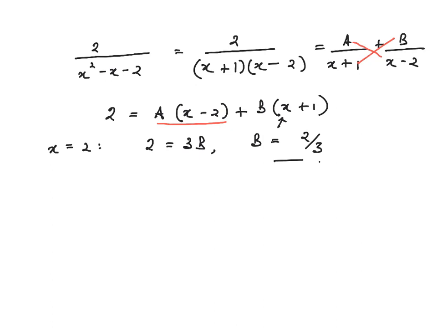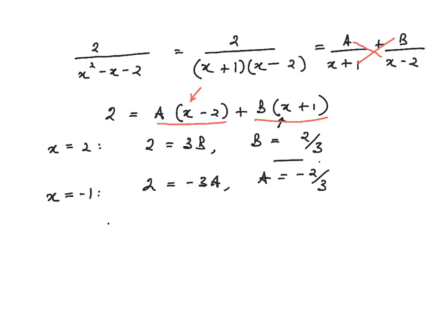I'm now going to choose x equals minus 1. That will make the second term on the right hand side disappear. This whole term here will disappear when x has the value minus 1. If I replace this with minus 1, I have 2 equals minus 3a. So a then is minus 2/3.